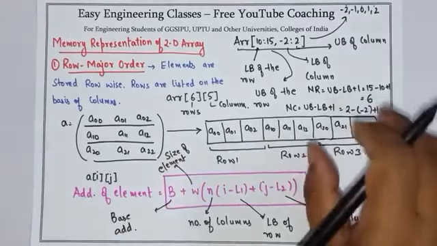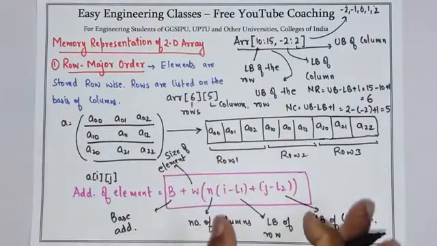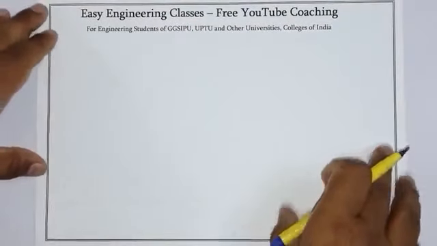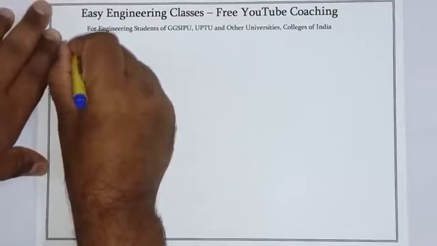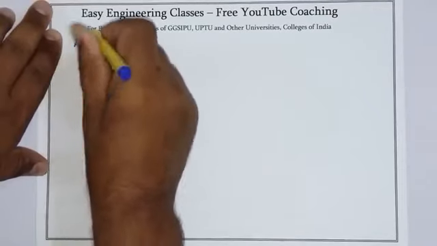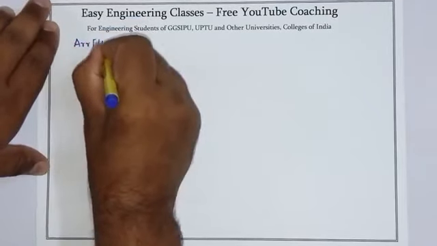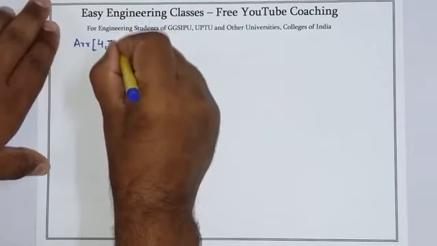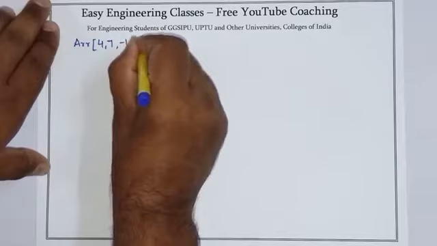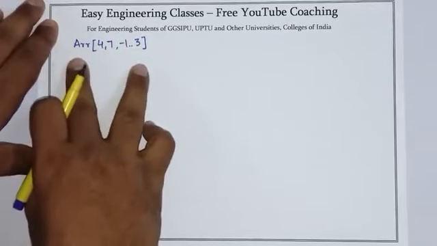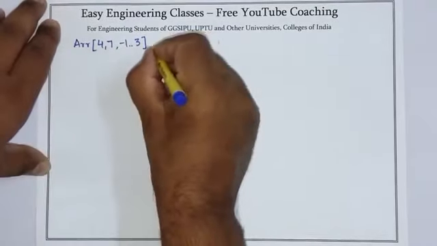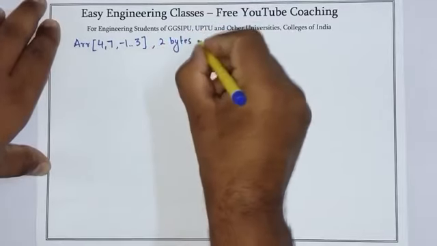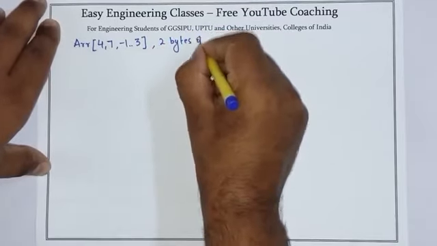So now let's see one question based on this row major order. Suppose the question is given like this. There is an array given like this. It requires 2 bytes for storage of each element.